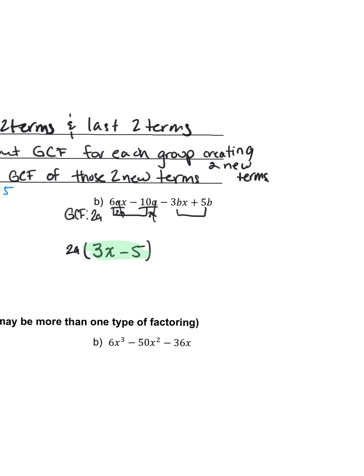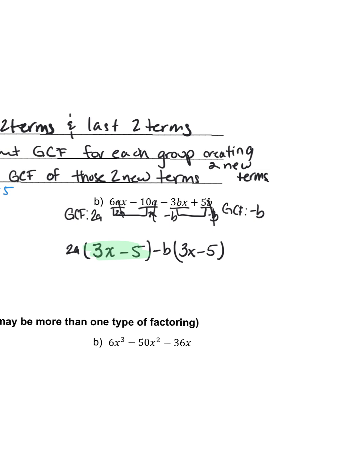Over here, between the negative 3bx and the 5b, the only thing I see in common is a b, but my GCF needs to be a negative b. If I divide this by negative b, I wind up with a positive 3x. I take out a negative b here, and I wind up with just a minus 5.